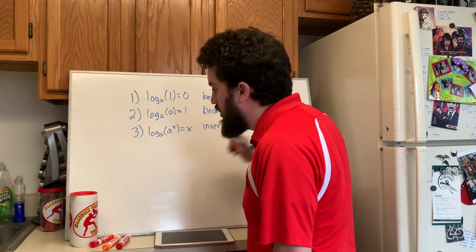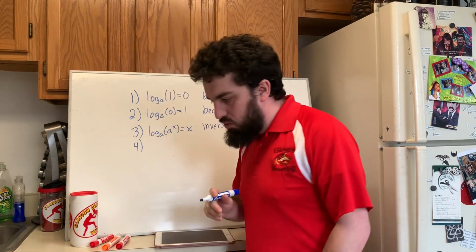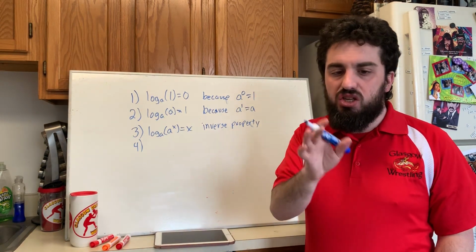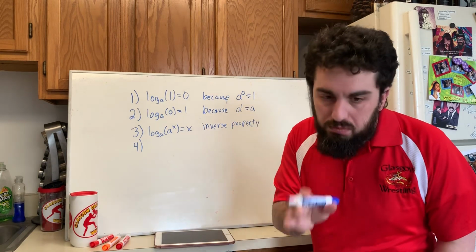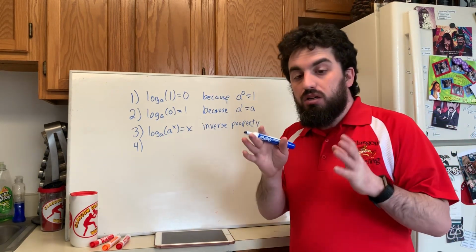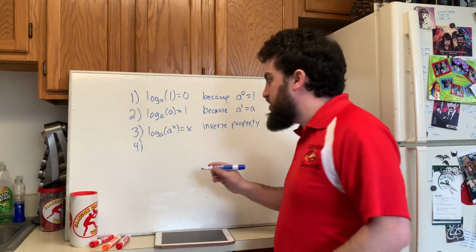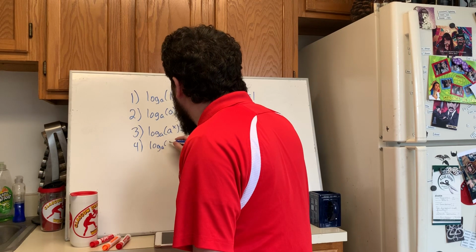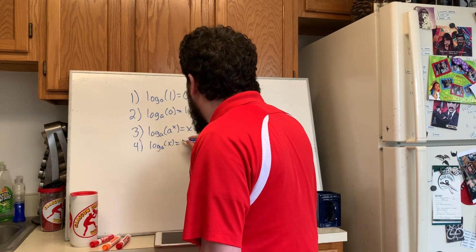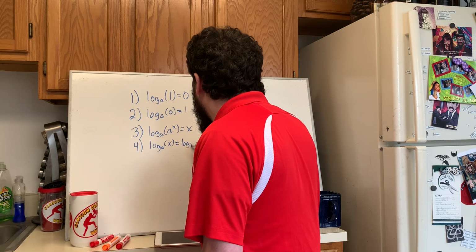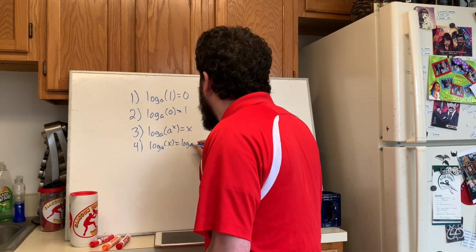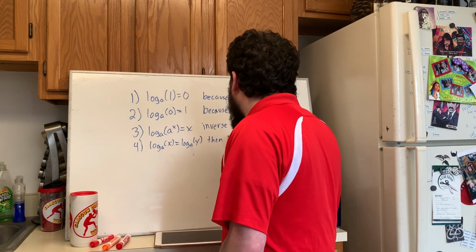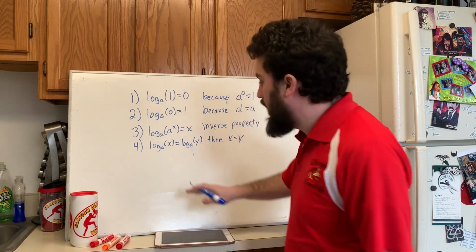And then the final one says that the log base A of x is equal to log base A of y. If they're equal to each other, then the numbers inside have to be equal to each other. So log base A of x is equal to log base A of y, then x has to equal y.